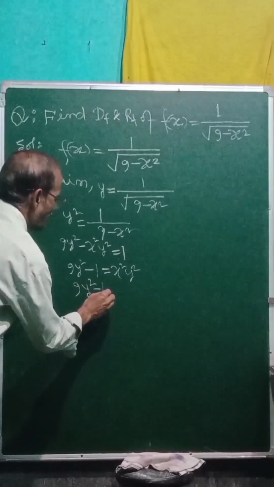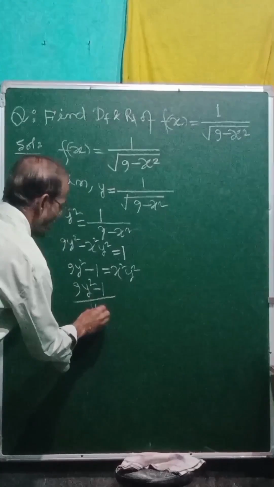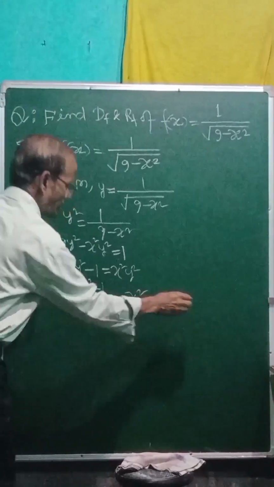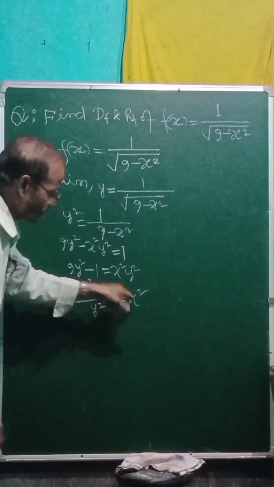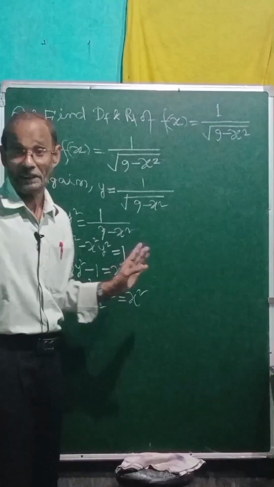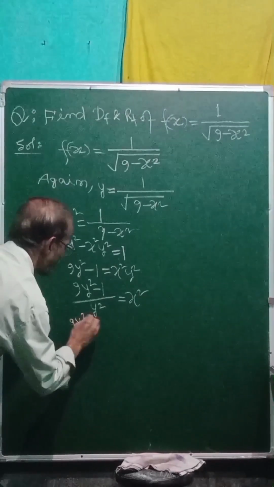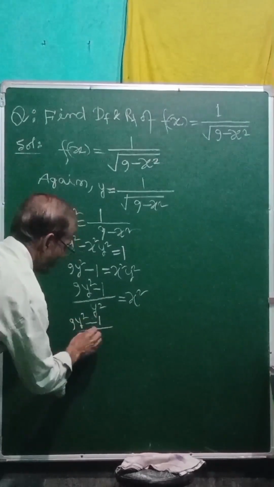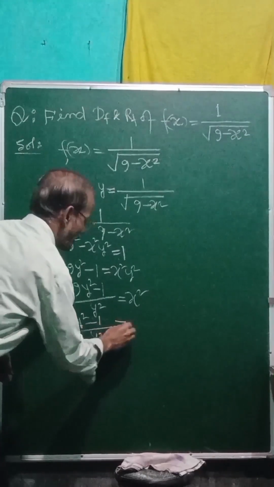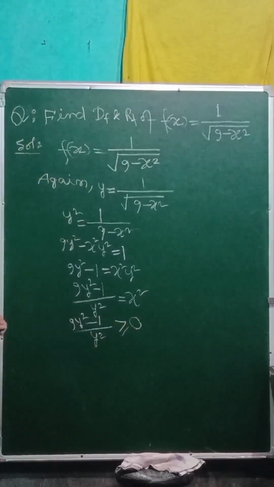So 9y square minus 1 by y square is equal to x square. But x square cannot be negative. So 9y square minus 1 by y square is greater than or equal to 0.